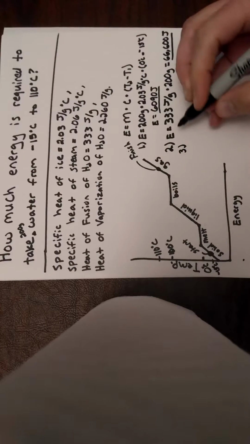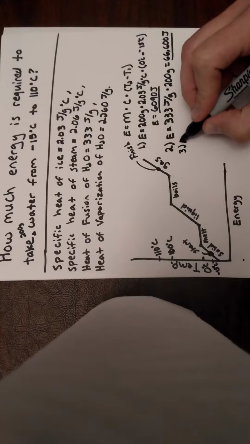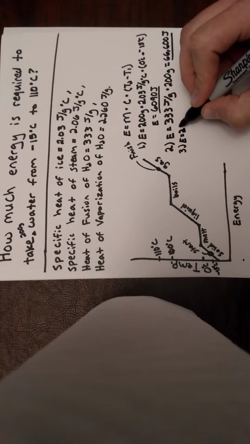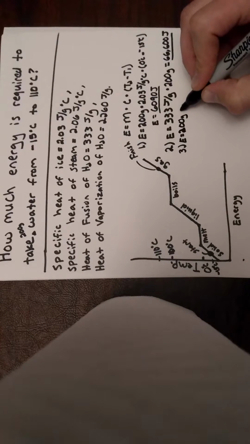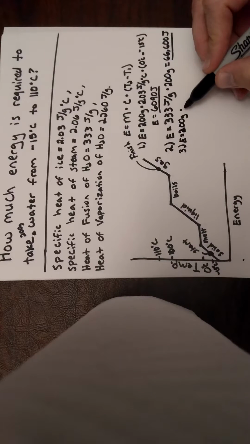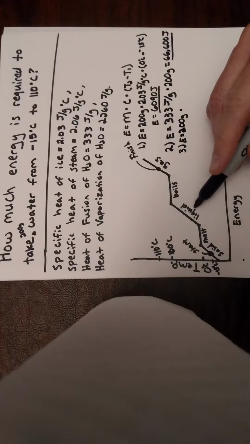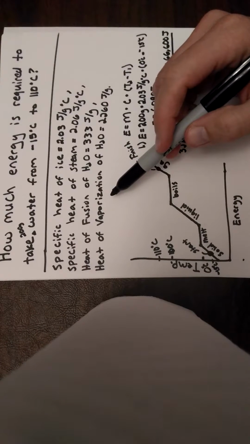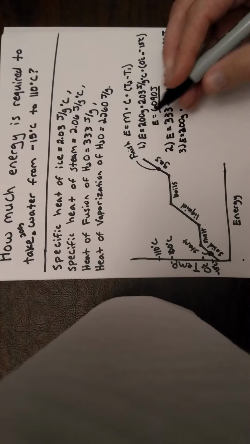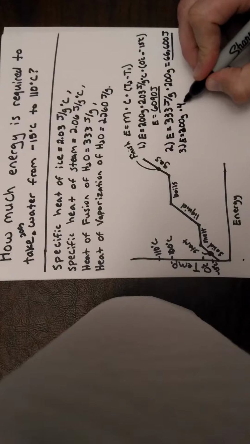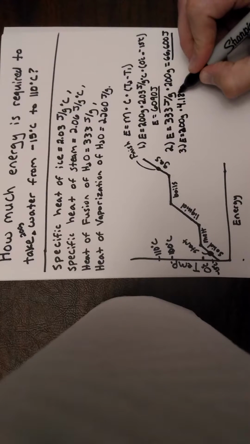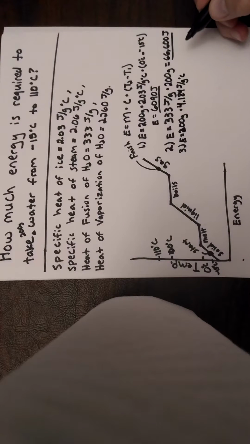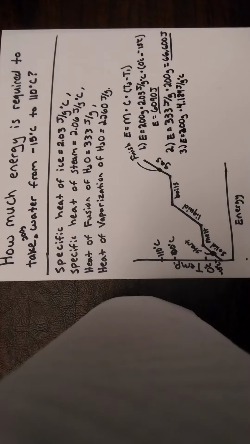So step 3, energy equals the mass again, which is our 200 grams, times the specific heat of liquid water. So liquid water is not actually given here, but it is given on the back of your periodic table. So it's one you might just know by doing it enough. 4.184 joules per gram degree Celsius. Everything else will be given to you in a question.